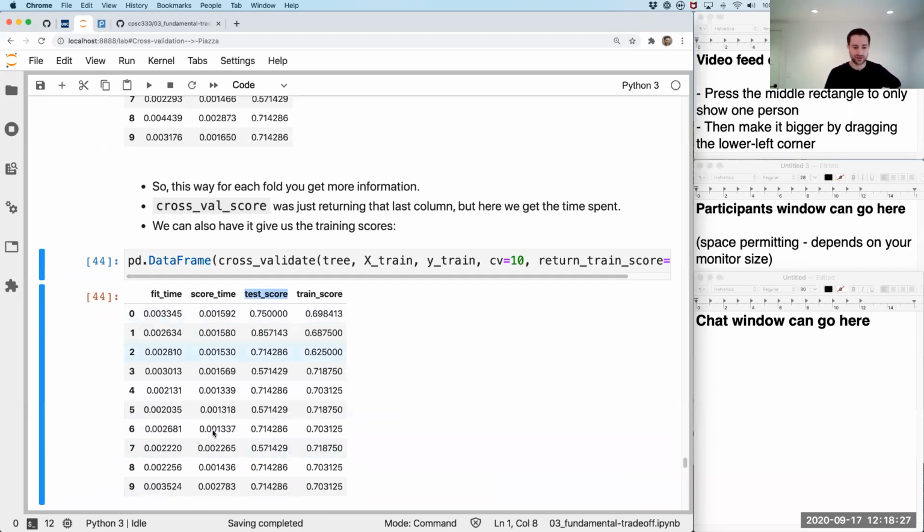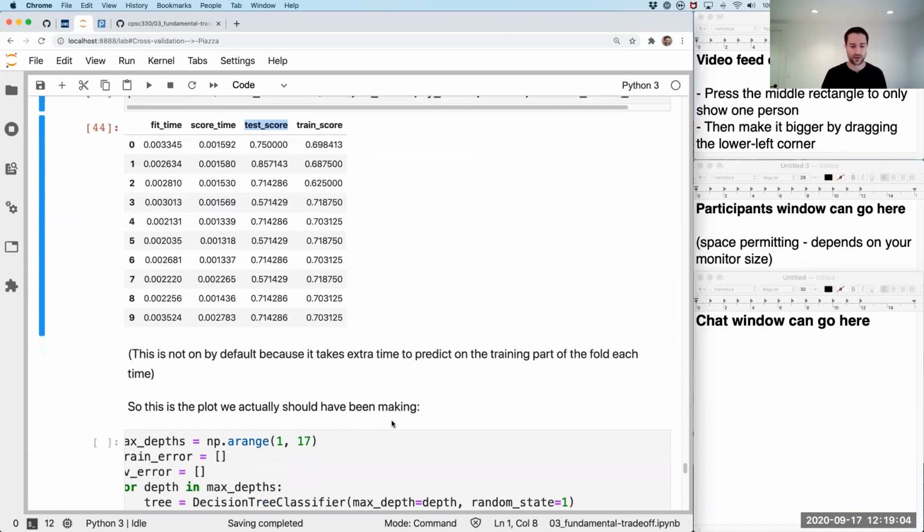Often I want to know both of these things: how good is my validation score and what is my training error, for the reasons we talked about earlier about the fundamental trade-off and overfitting. It's an informative diagnostic to be able to see the training score. So I like to do it this way, unless it makes the code too slow, which is the reason it's not the default. It makes the code a little slower to compute these things. If that's an issue, then this is good to do, and the homework has you doing this as well.